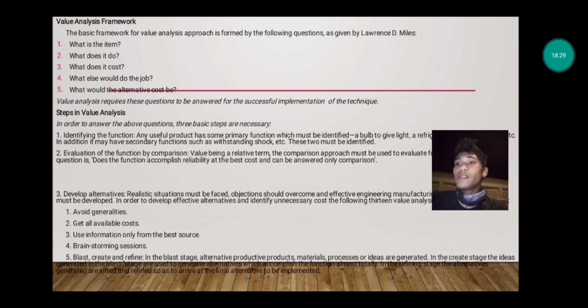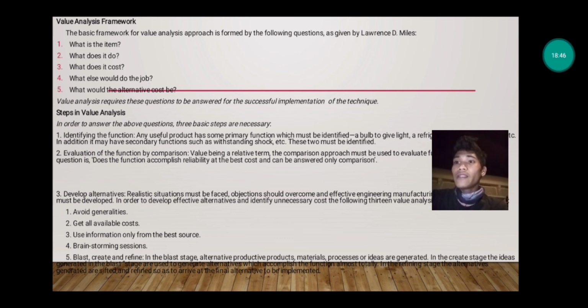Steps of value analysis. In order to answer the above questions, three basic steps are necessary. First, identifying the function. Second, evaluation. Third, develop an alternative.